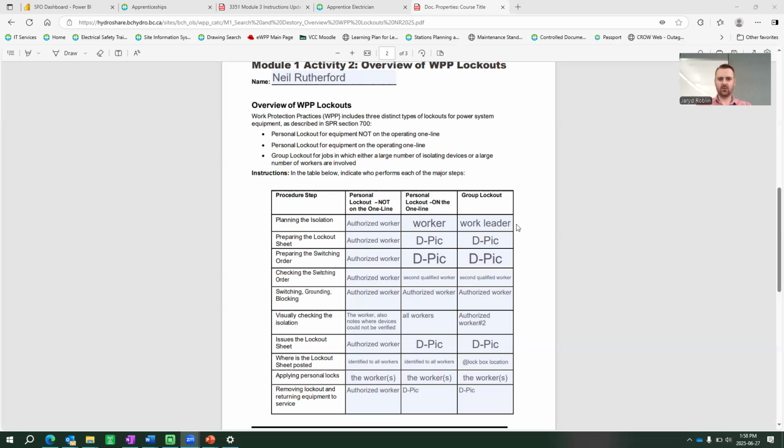Are we talking about a category A worker who's only allowed to access the facility? Are we talking about a category B worker who can access the facility and work on the power system? Or are we talking about a category C worker who can now start establishing lockouts? Or a category D who works at the PIC? Okay, so what we're looking for there is who can plan the isolation.